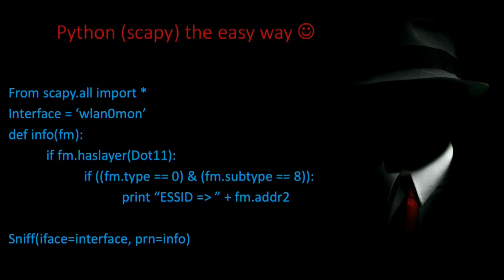Then we check if fm.type equals 0. It's very easy. You don't have to deal with any hexadecimal or bytes. Just check if the type is 0 and the subtype is 8. Subtype 8 means we're looking for beacon frames. Then print the ESSID, whatever, and fm.addr2. You don't even need to look for address 2 in bytes. You just use addr2, or addr1 or addr3.